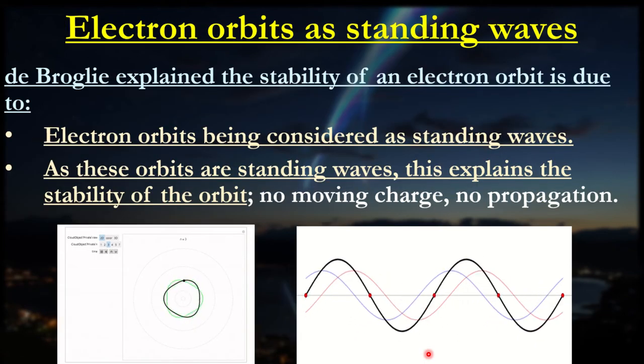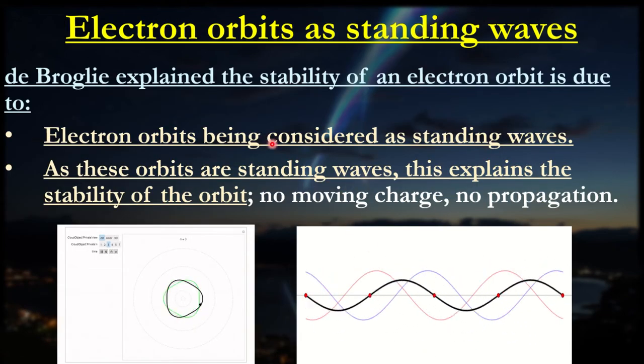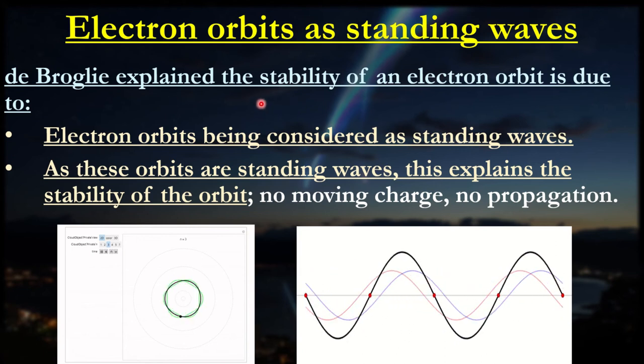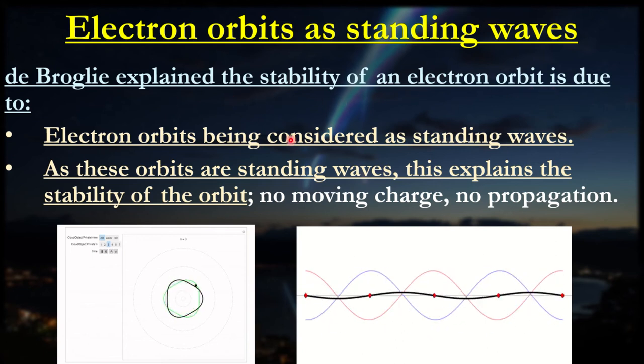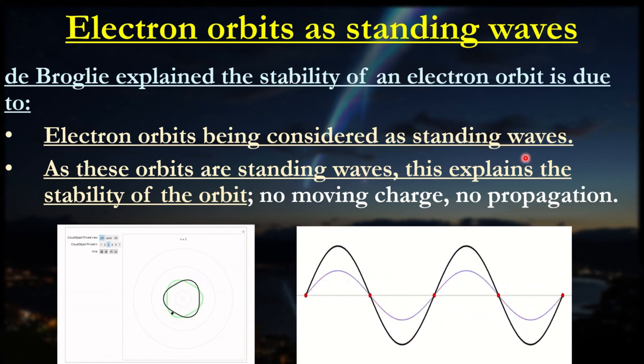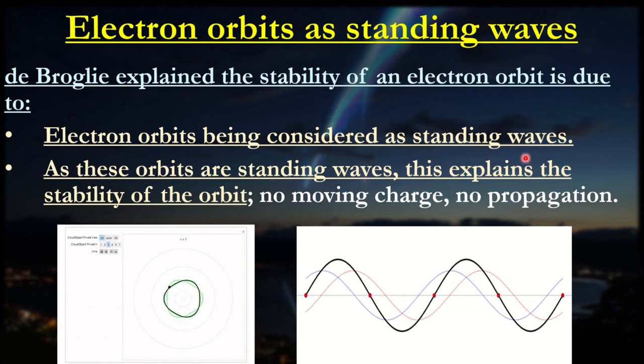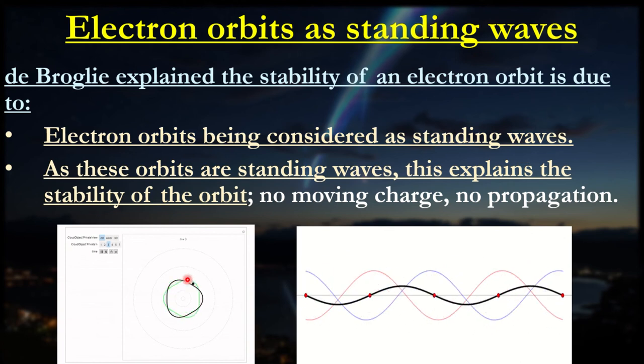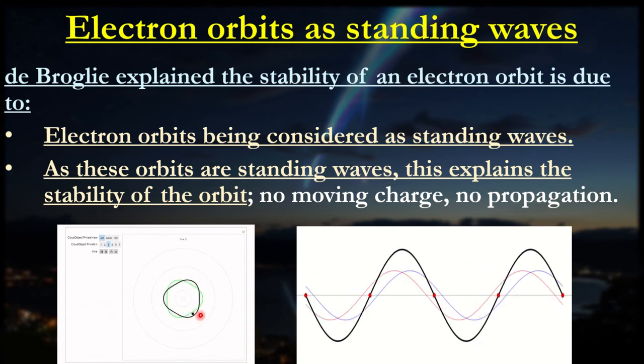So what implication can this have? Now, think about it this way. De Broglie basically explained the stability of an electron orbit is due to the fact that these orbits are standing waves. So the electron itself is orbiting the circumference.